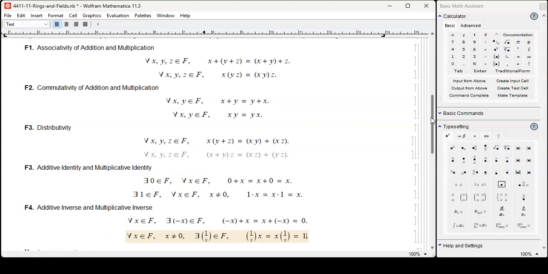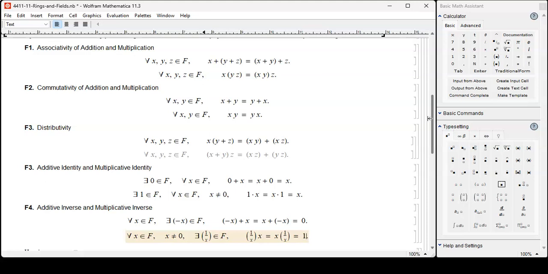Now, what if you have, say, general linear groups, for example? We have invertible n by n matrices. Yes, we have multiplicative inverses as well. So the general linear group, does it form a field?